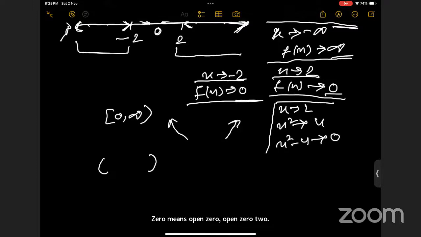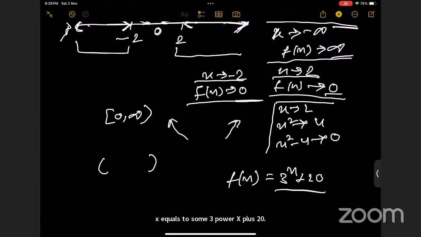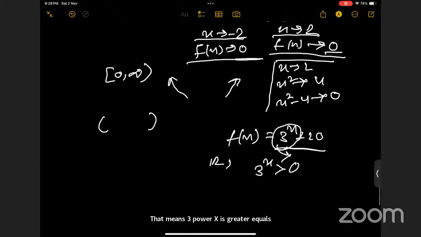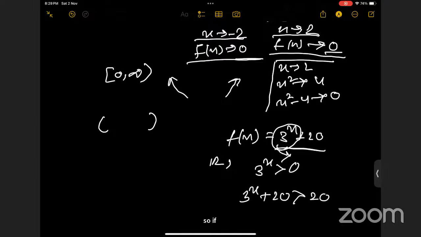Like, for example, f of x equals 3 power x plus 20. Then we know this function is clearly defined on the real line, because we don't have any problem here. So the domain is all real numbers. We know that 3 power x is greater than 0, so if we just add 20, it will be greater than 20.